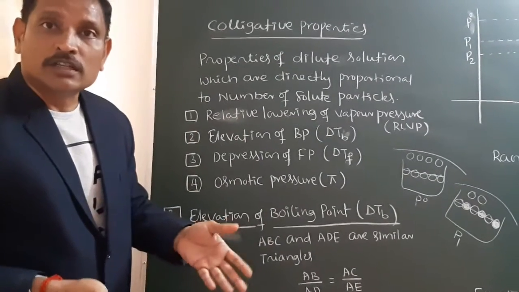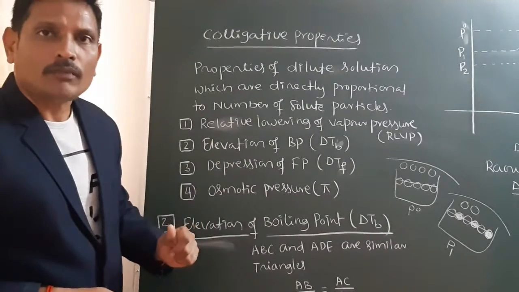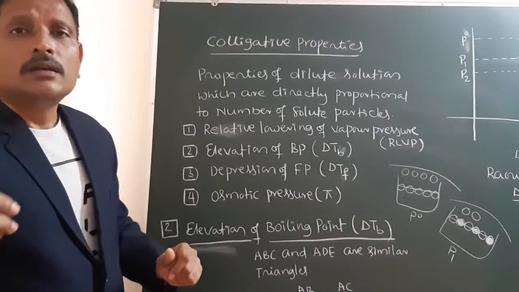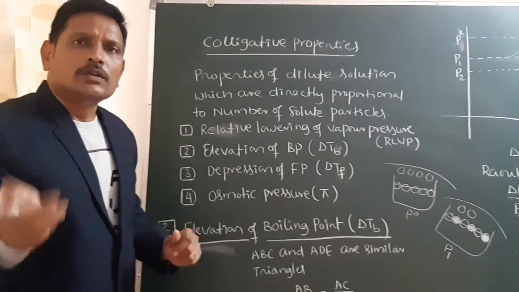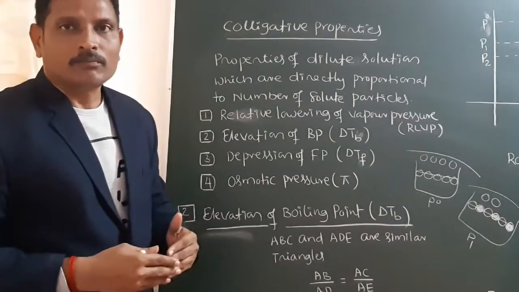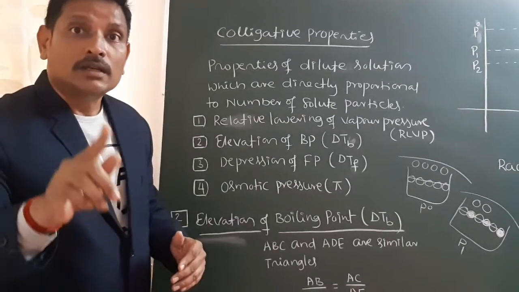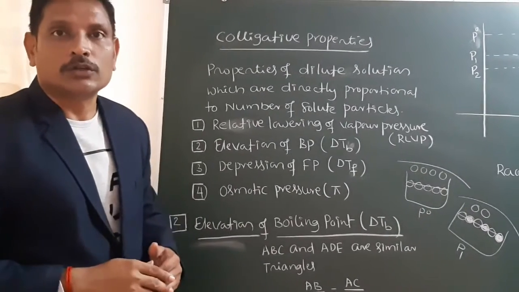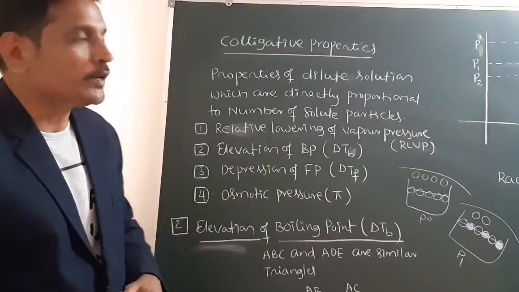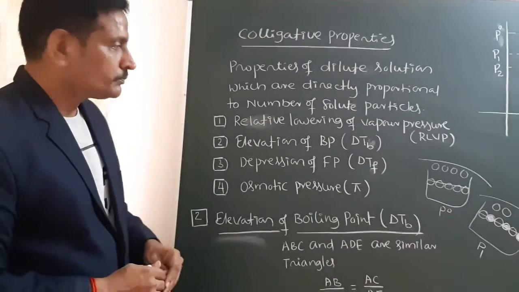When the number of solute particles becomes half, these properties also become half. But vapor pressure, boiling point, freezing point, etc. are not changed in such a way. They depend upon the number of solute particles, but they do not change in a directly proportional ratio. Hence, they are not colligative properties, and only these four are called colligative properties.